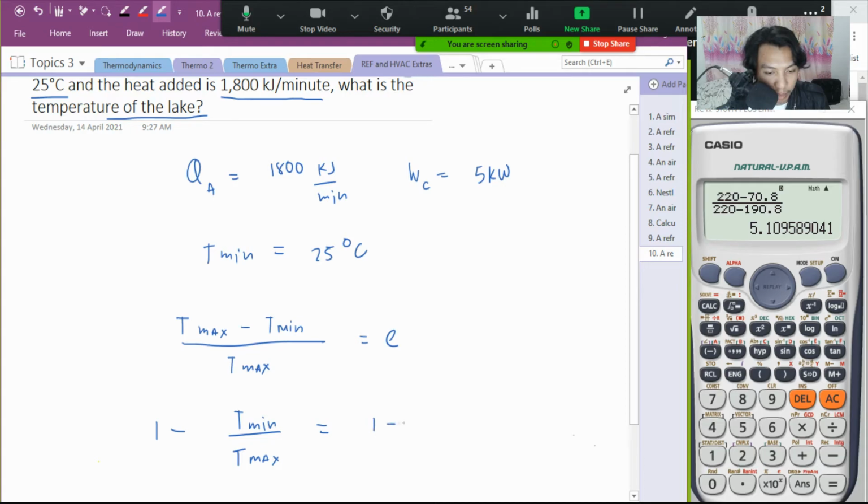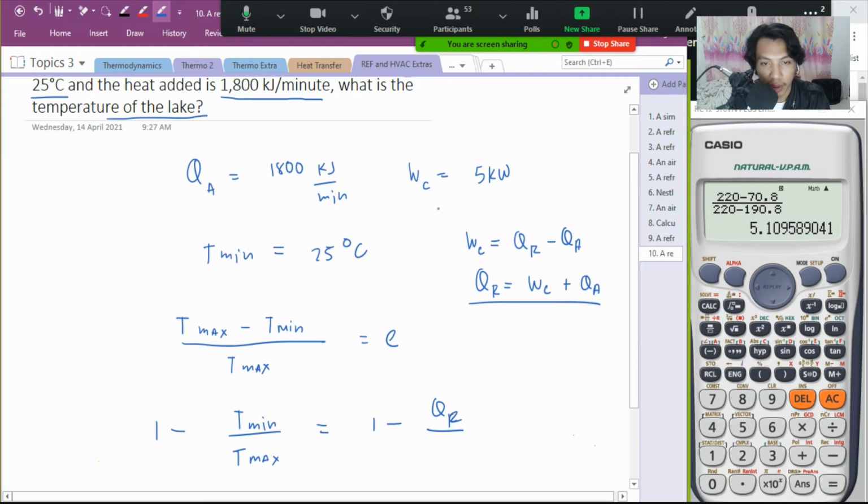Equal to 1 minus Q nung condenser over yung Q rejected, QR. Tignan nyo yung work ng compressor is equal yan sa QR minus QA. And then, in order for you to find yung QR is equal to work ng compressor plus QA. I-add mo lang yung dalawa.